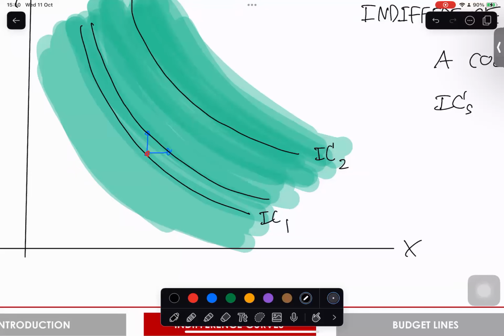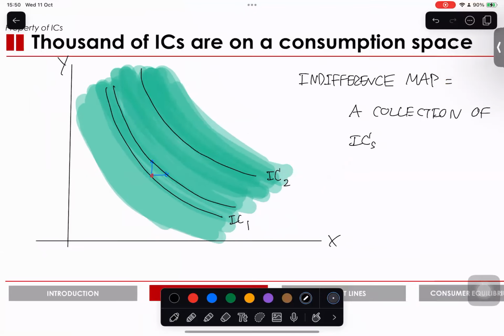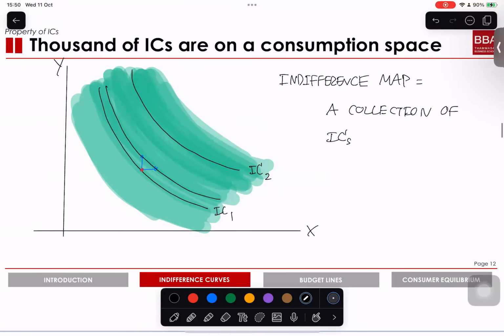But let me just zoom in. That's why moving toward the northeast direction like this is about giving him more pizza, more Pepsi, or more of both, which will increase his utility.